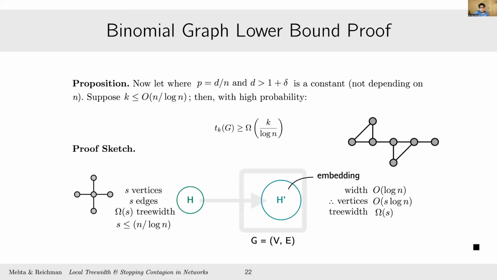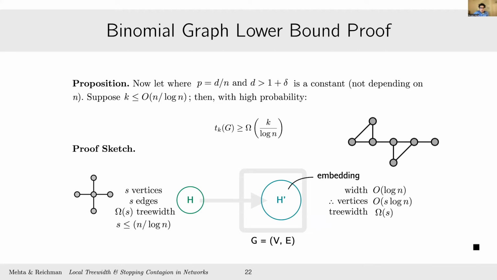The lower bound proof, on the other hand, is a bit different. To show that the lower bound of G(n,p) is at least big omega of K over log N, we use the following approach. First, assume I can find some graph H with S vertices, S edges, and tree width big omega of S. Then assume furthermore that I can find an embedding of H with width log N in G, let's call it H prime.